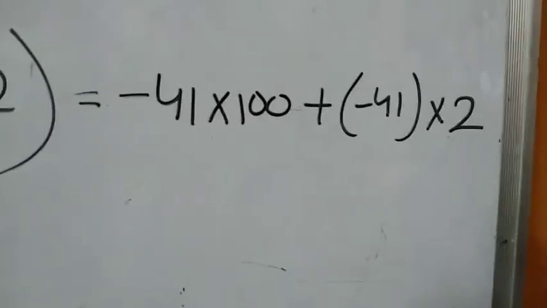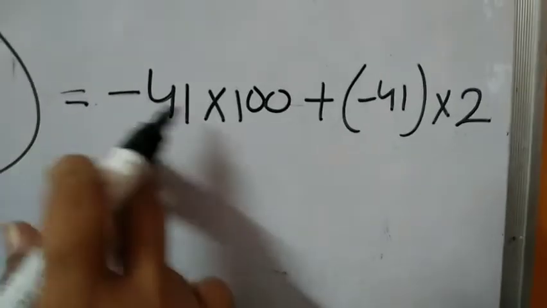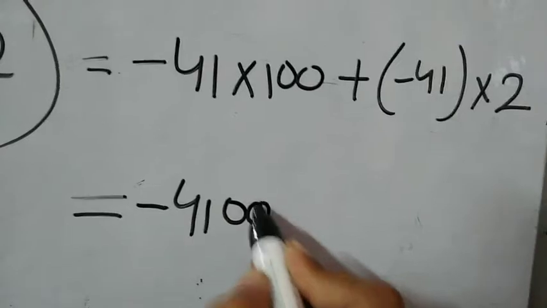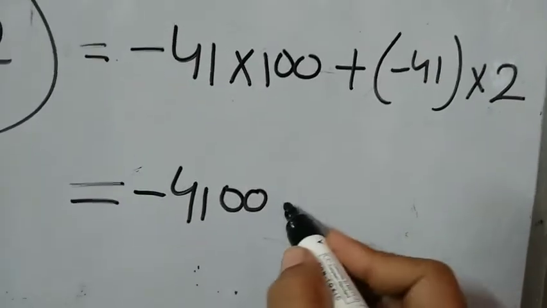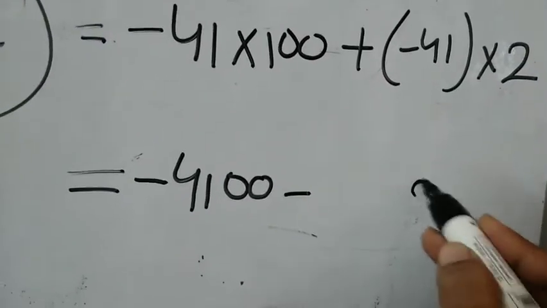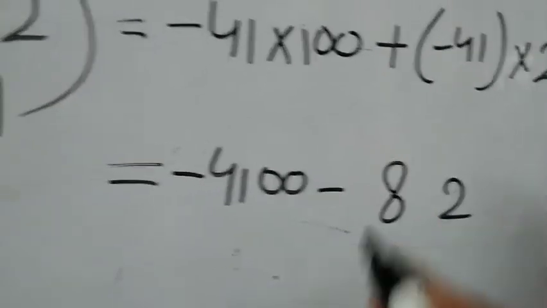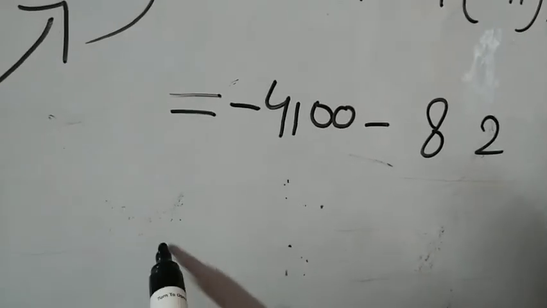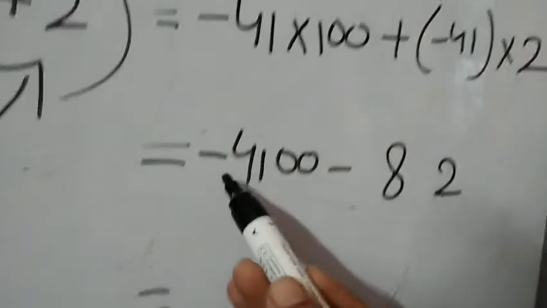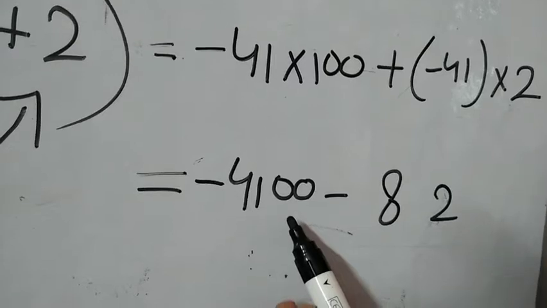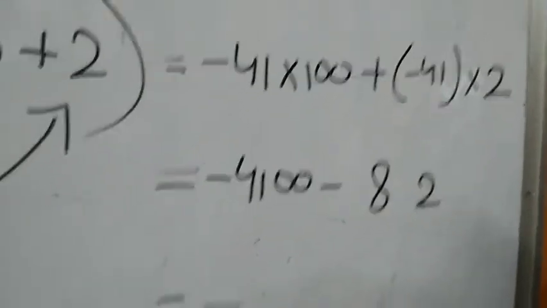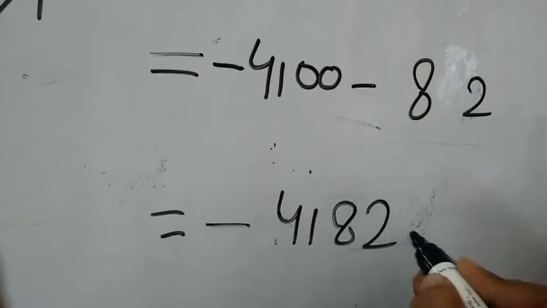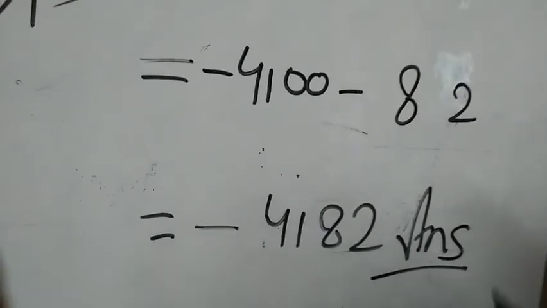Now solve this. Minus into plus is minus, 4100, plus minus 2: 1 twos are 2, 4 twos are 8. Now minus and minus, but we have to put the sign of the greater number. Here 4100 is greater, so it is minus. Now add both the numbers: 4182. So that is the answer of this question.